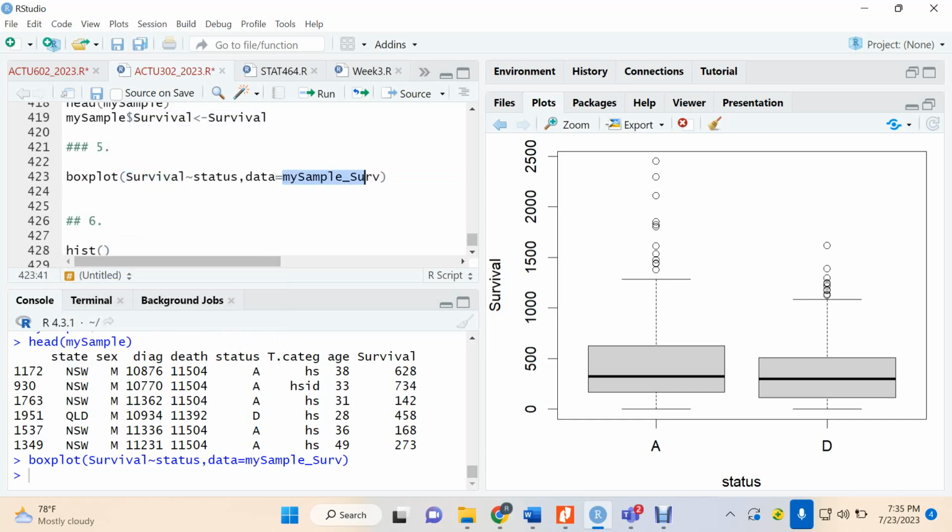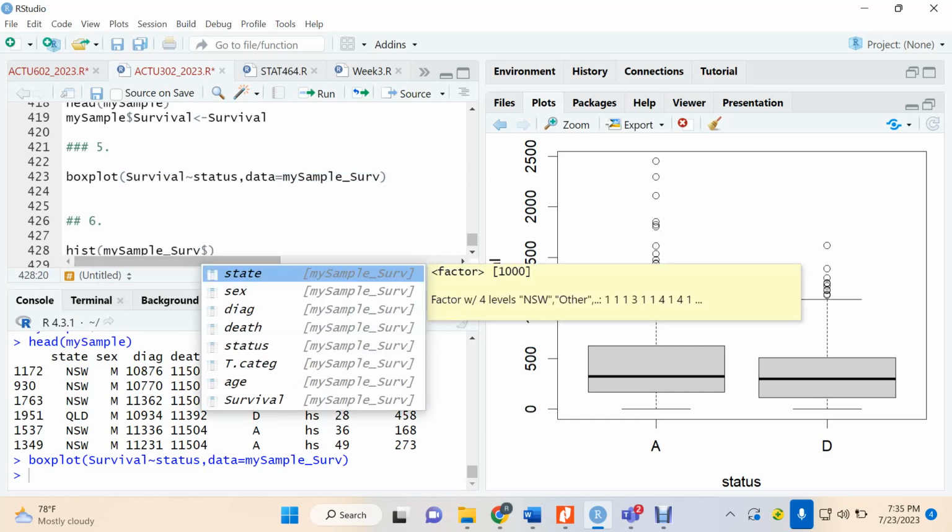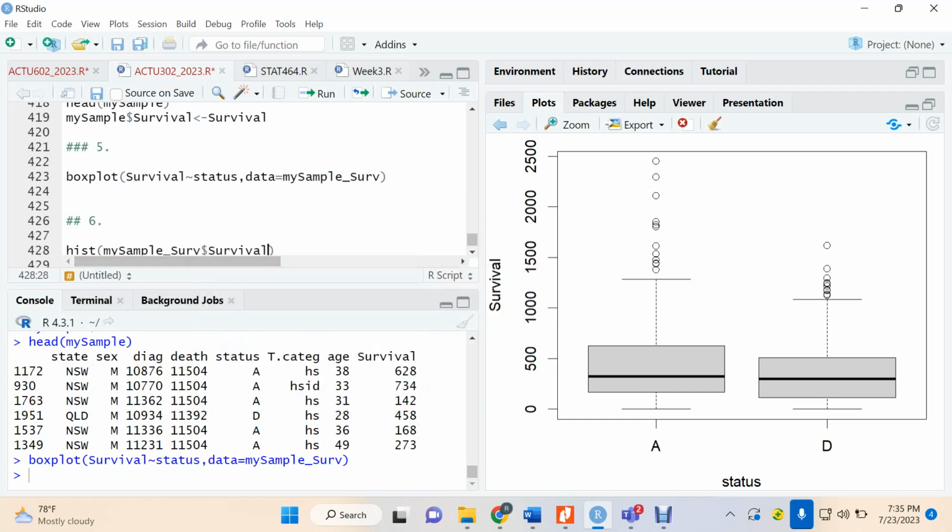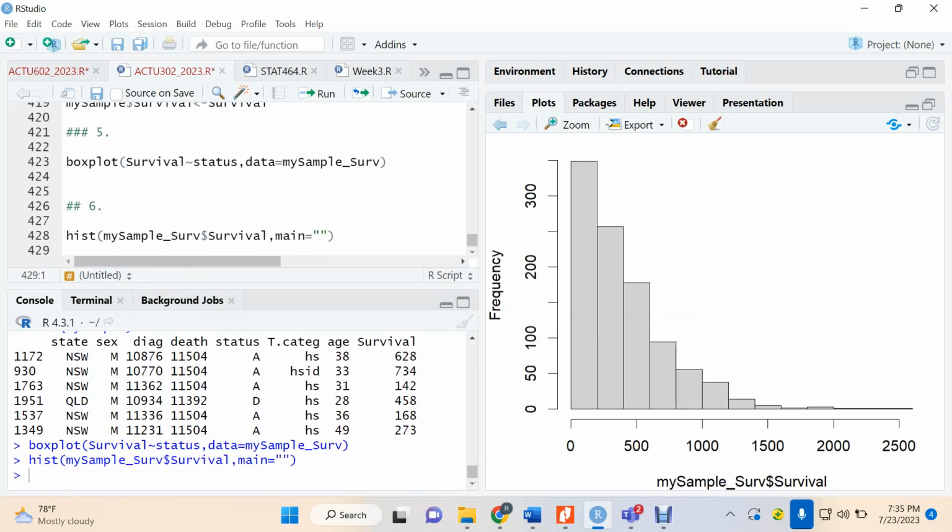So maybe myself, okay, with survival like that. I keep saying, don't leave those things for me to see. So like this, but look at the axis label, not properly done. So I have to change it.